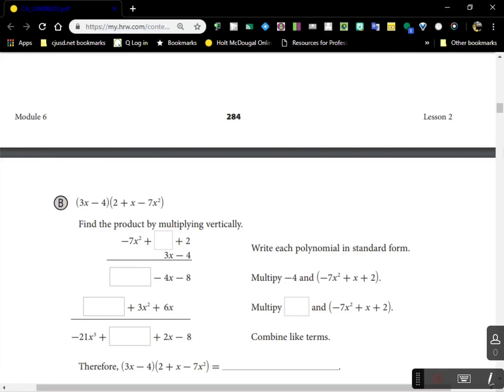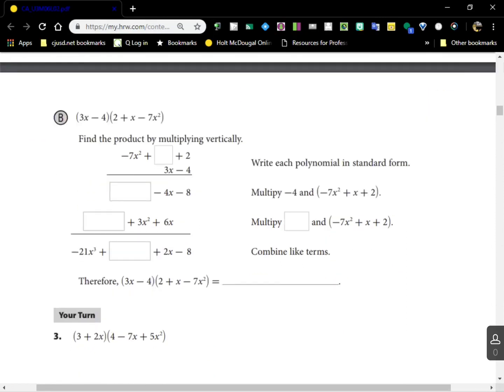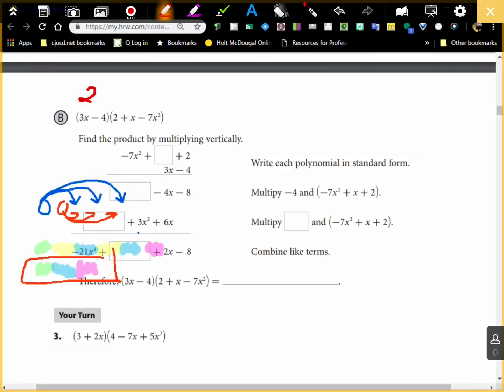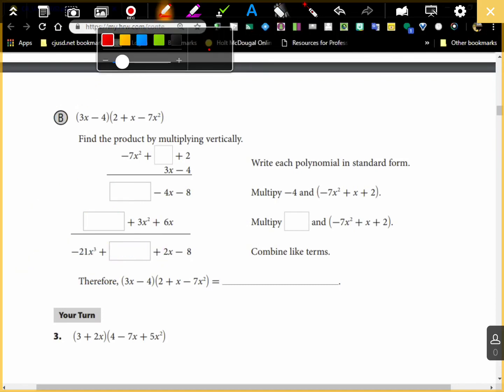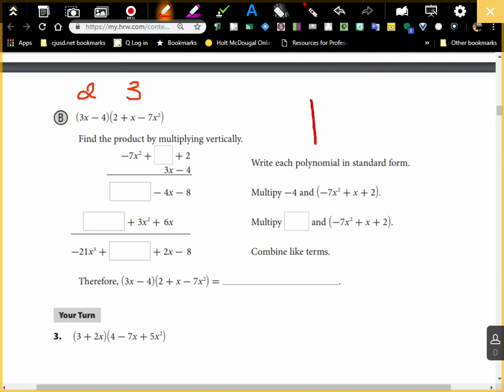And in a rectangular shape, what's the area of a rectangle? Length times width. All right, so we're going to create a rectangle here. Since my first polynomial has two terms and my second polynomial has 3 terms, I'm going to make it a rectangle that's 2 high, and I'm going to make it 3 wide.